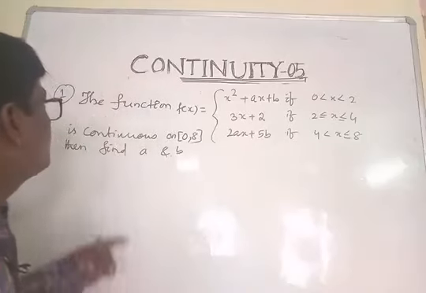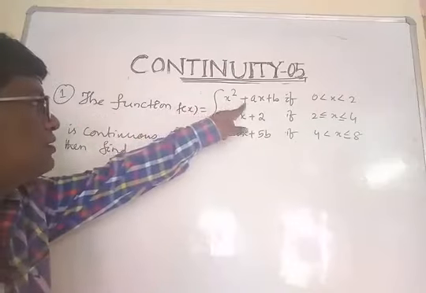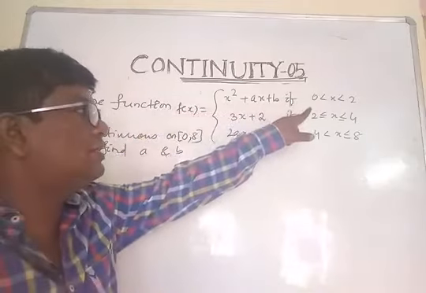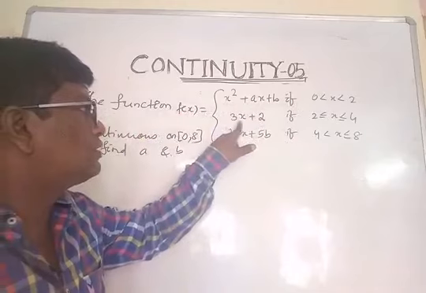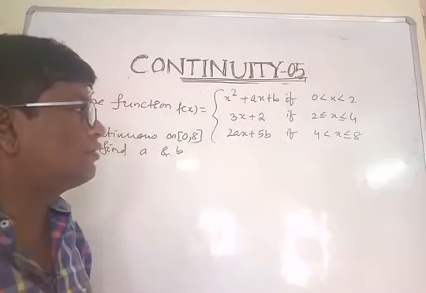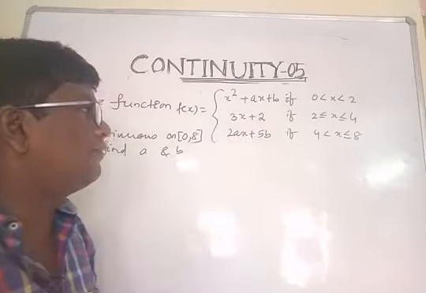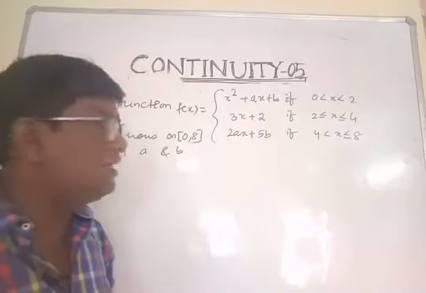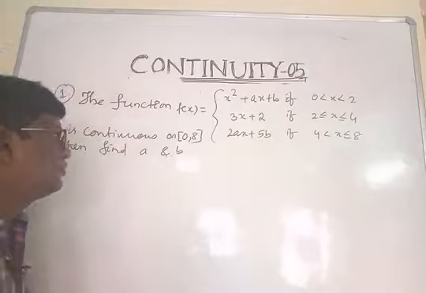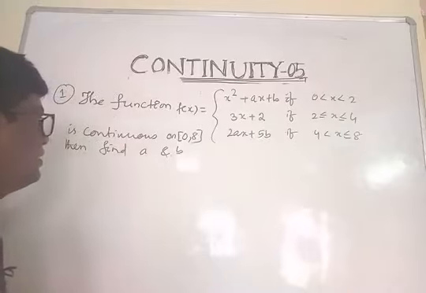The question is, the function f of x is equal to x square plus ax plus b if 0 less than x less than 2, 3x plus 2 if 2 less than or equal to x less than or equal to 4, 2ax plus 5b if 4 less than x less than or equal to 8, is continuous on closed interval 0, 8. Then find a and b.